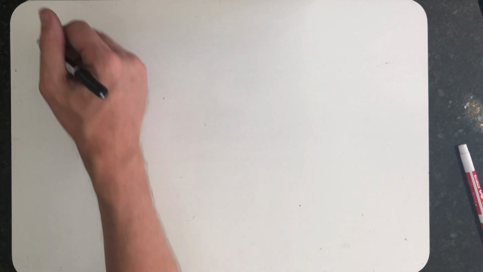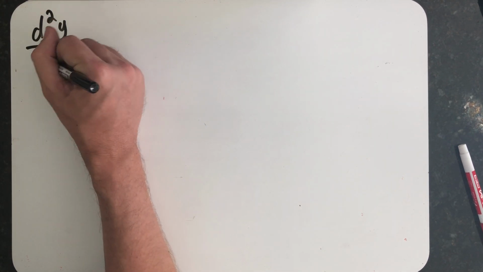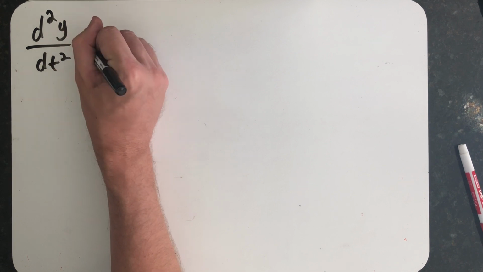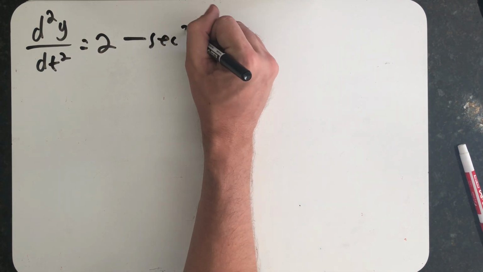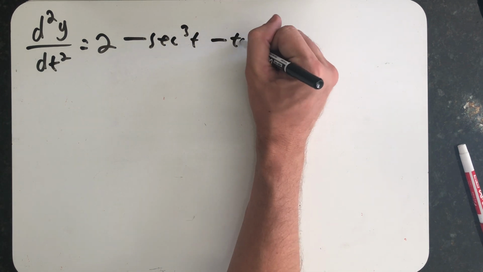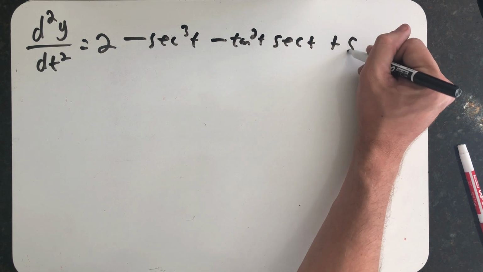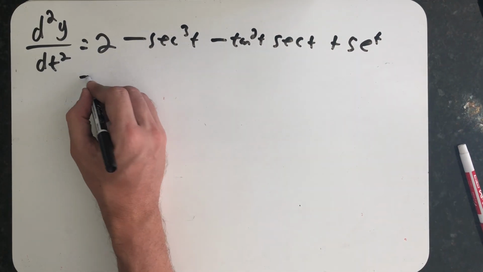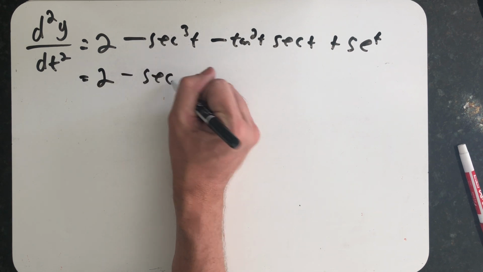All right, well, let's see if I can do anything with that. My second derivative, d squared y dt squared, is 2 minus secant cubed minus tangent squared secant. So let's factor out a minus secant.